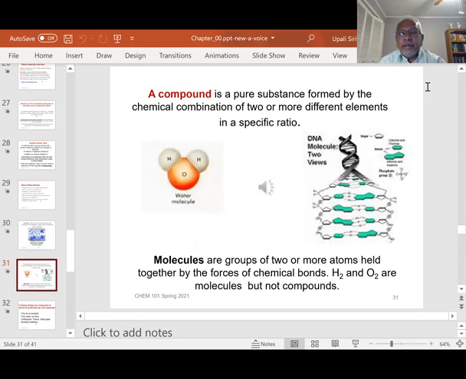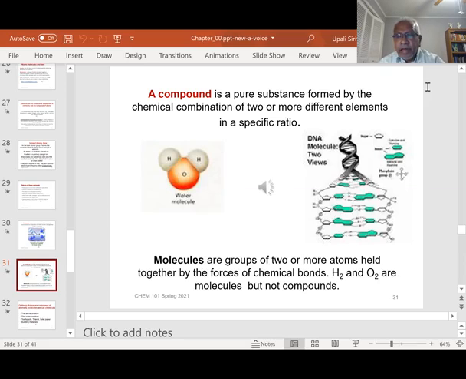A compound is a pure substance. Just like elements are the simplest pure substances, a compound is a pure substance made out of two or more different elements. For example, water has hydrogen and oxygen combined in the ratio of 1:2, one oxygen atom to two hydrogen atoms. There are complex molecules like DNA here on the right side.